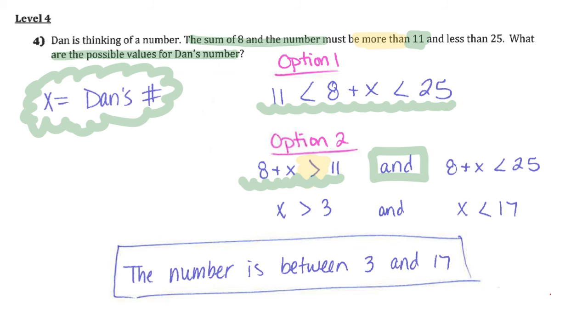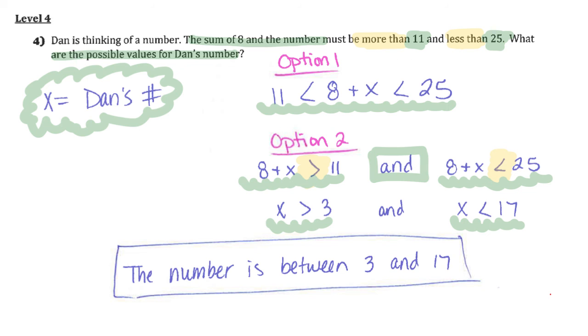And the second inequality, I'm still going to use that 8 and a number, but notice it says less than 25. So I'm going to use the less than symbol, and then in the word problem it says 25. So in the inequality, I use the less than symbol and 25. So when I solve each one, I'm going to get x is greater than 3, and I'm also going to get x is less than 17.